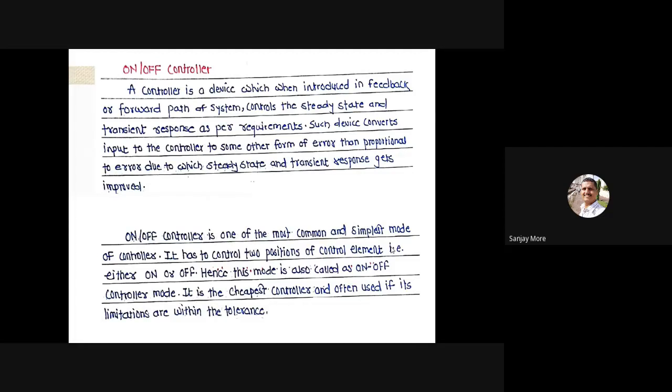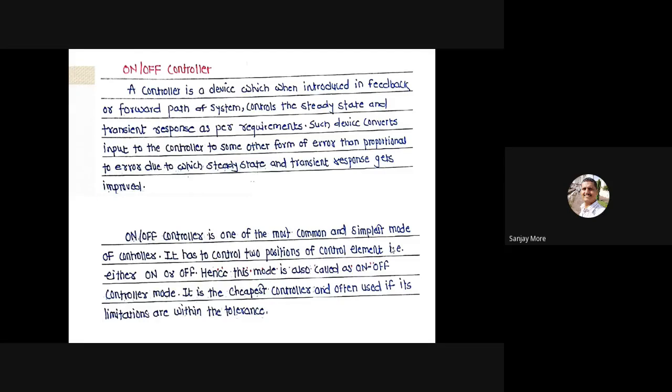Okay, so write down, a controller is a device which, when introduced in the feedback or forward path of a system, controls the steady state and transient response as per requirements.